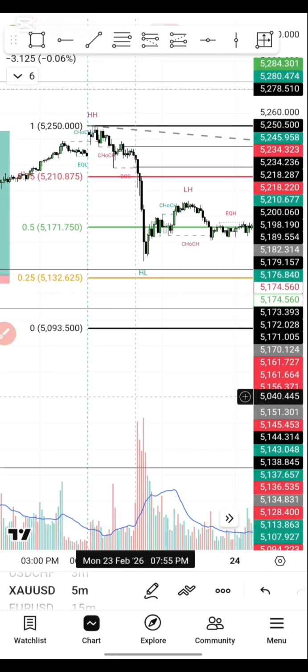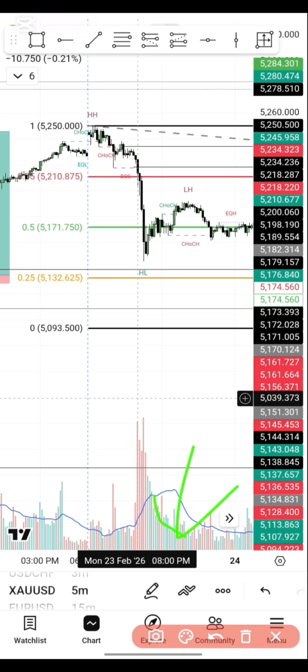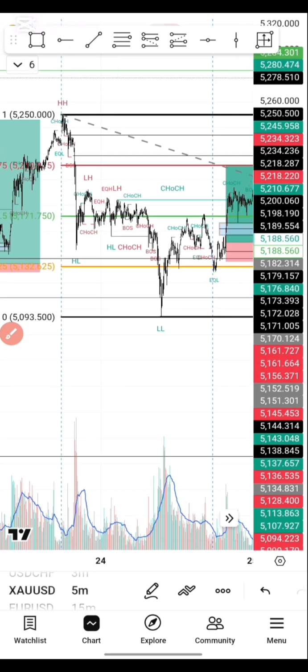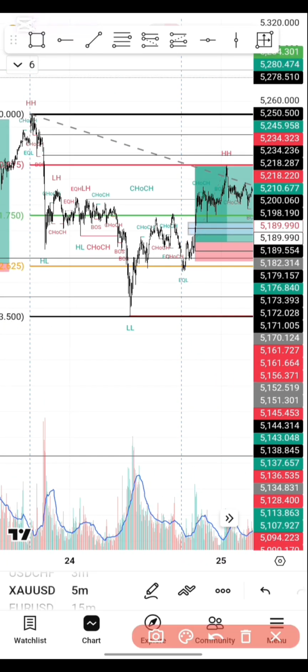See, around 8 again, my analysis was respected. I didn't take the trade, and after that you see how the trade would have worked out.